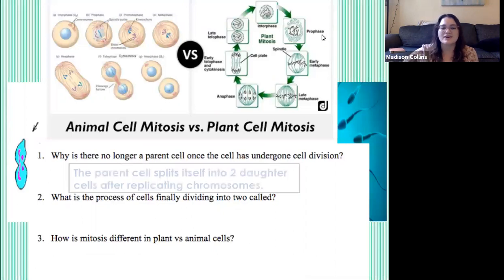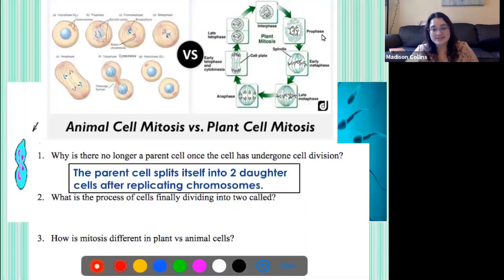All right, so number 1, the parent cell actually splits itself into the 2 daughter cells after it replicates its chromosomes. So there is no parent cell because it has just given away its genetic information to those 2 offspring cells, to those 2 daughter cells. So the parent cell duplicates its DNA and then passes it on to its children. And the parent cell stops existing after that because it has already given away all of its information. But a little piece of it lives on within those daughter cells, right?